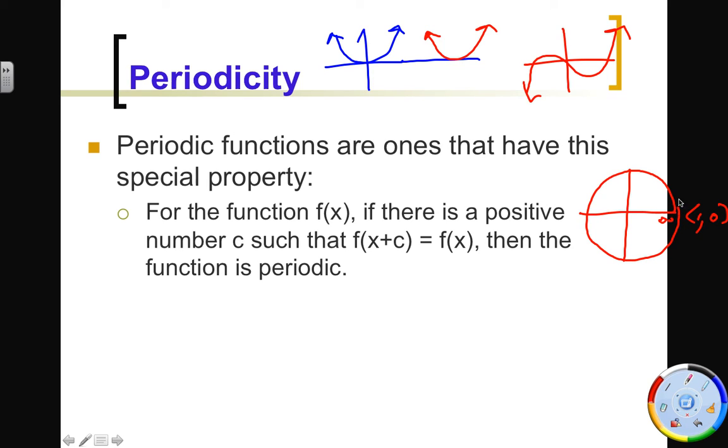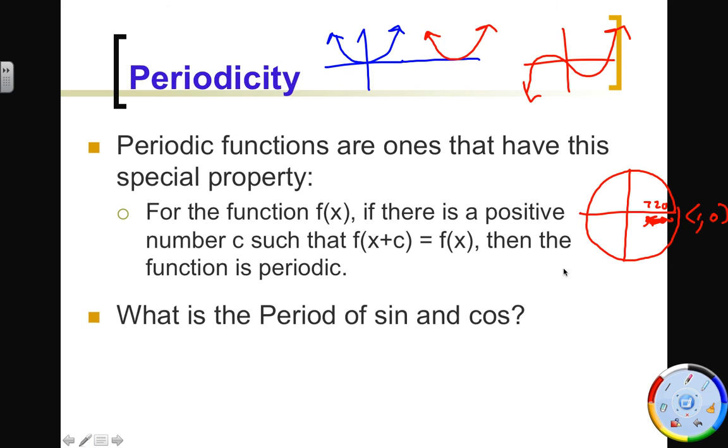Well, I can go all the way around this circle, and now it's no longer 0 degrees, it's 360 degrees. Sine of 360 is also 0. Cosine of 360 is also 1. Oh, but I actually didn't want 360. I wanted 720, which is just another rotation. And you notice we come back to the same coordinates every single time we add 360 degrees to the x value.